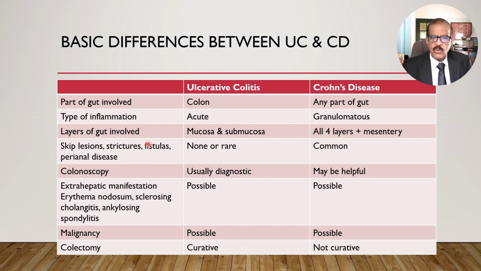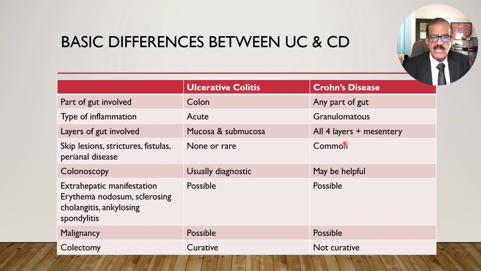Layers of gut involved: you know, our gut has 4 layers: mucosa, submucosa, muscular layer and serosa. Ulcerative colitis mostly affects mucosa and submucosa. Only occasionally this disease process can extend into the muscular layer and serosal layer, and that would actually be a complication of ulcerative colitis, but mostly the disease is confined to mucosa and submucosa.